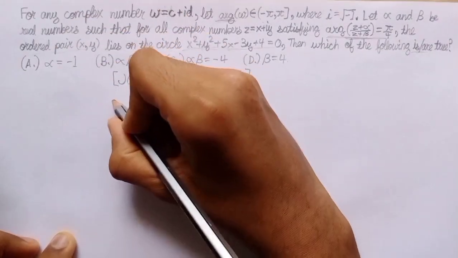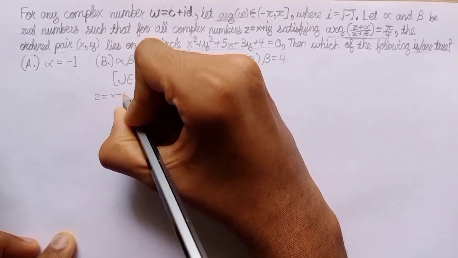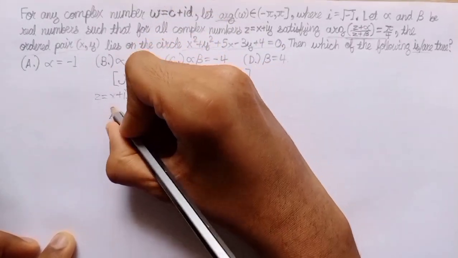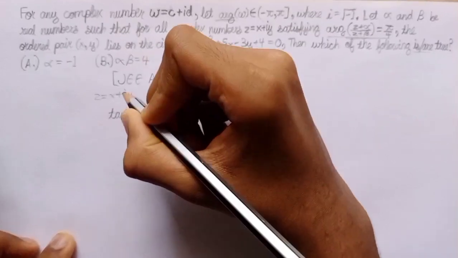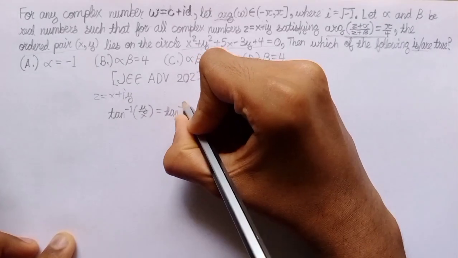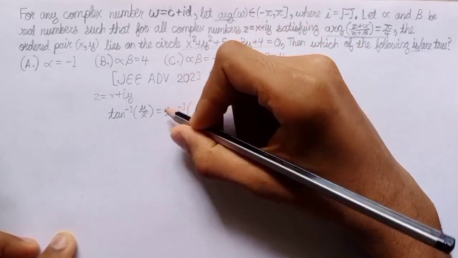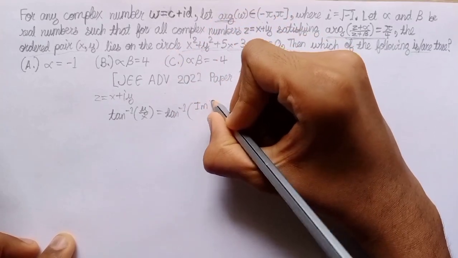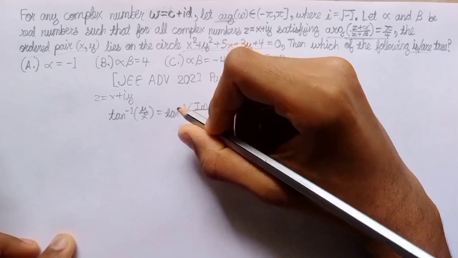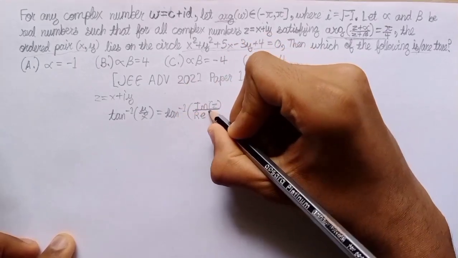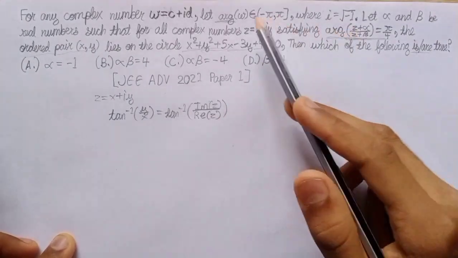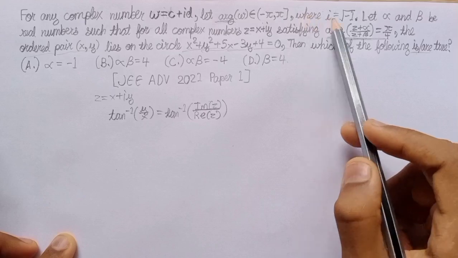So for a complex number, z equals x plus iy, its argument would be tan inverse of y by x, which is also equal to the tan inverse of the imaginary part of z by the real part of z. Now, this is not really important for the question.